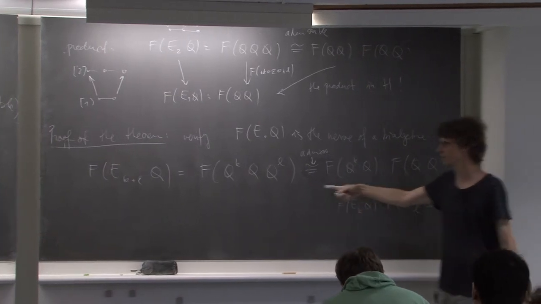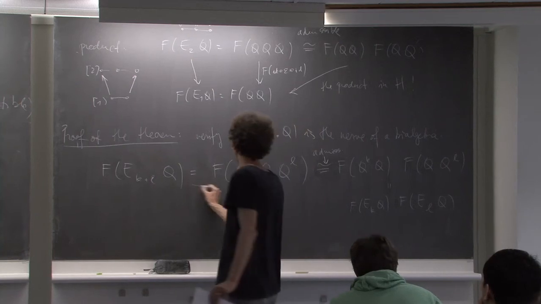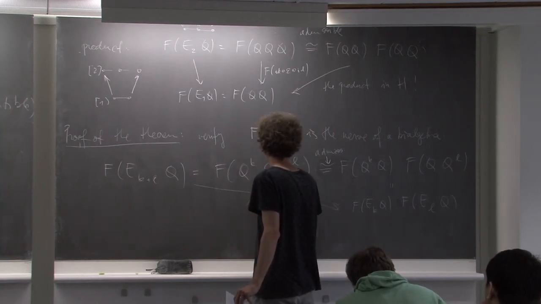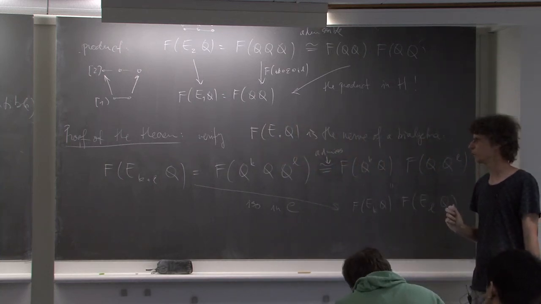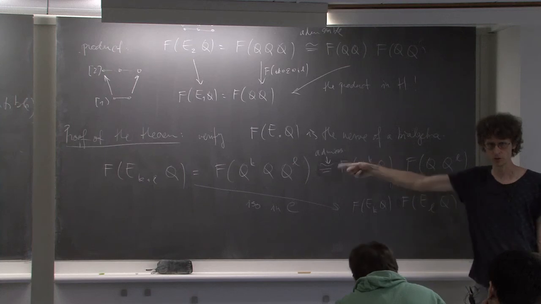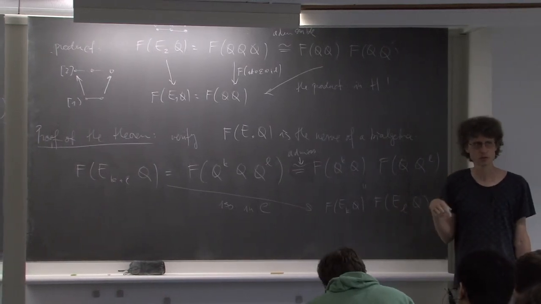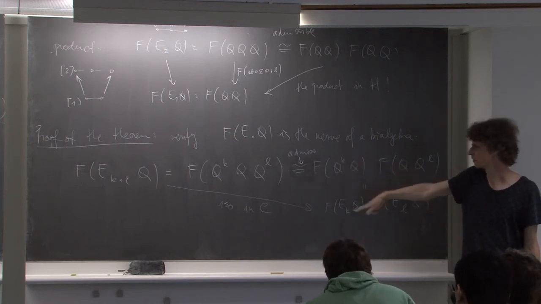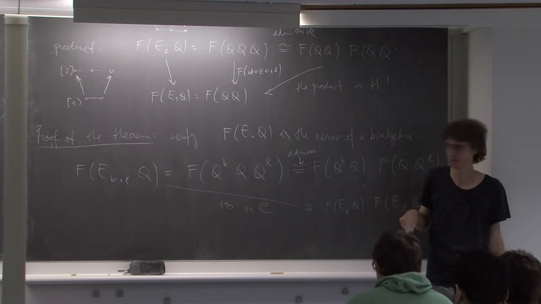So we get an isomorphism between this and that, an isomorphism in C. But one still needs to verify that it's an isomorphism of objects in C, but if you remember that proposition, it says that it's the nerve of a bialgebra if and only if this map is an isomorphism of coalgebras.